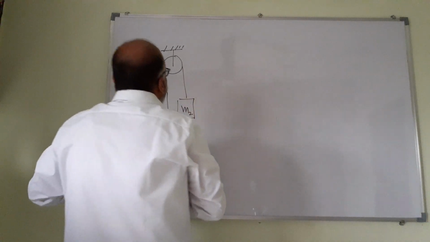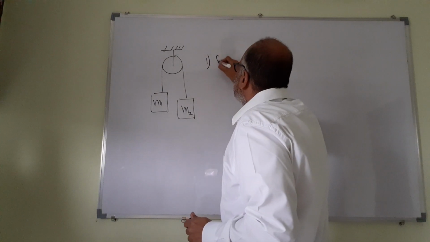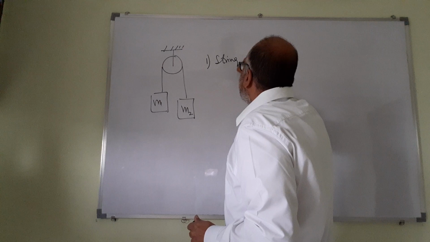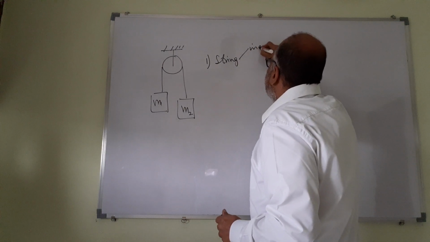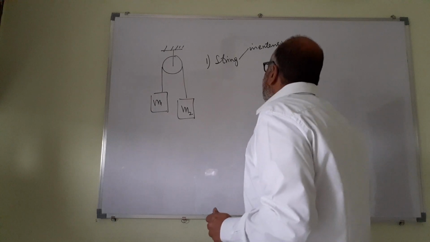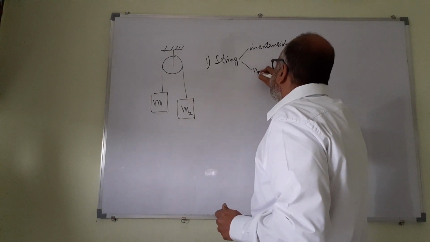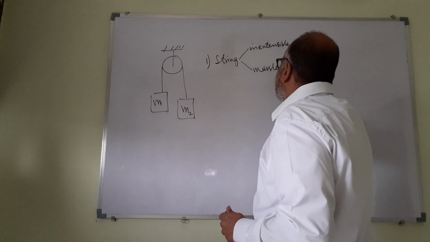Now, what are the assumptions? Number one, the string is inextensible, and it is massless or has negligible mass.